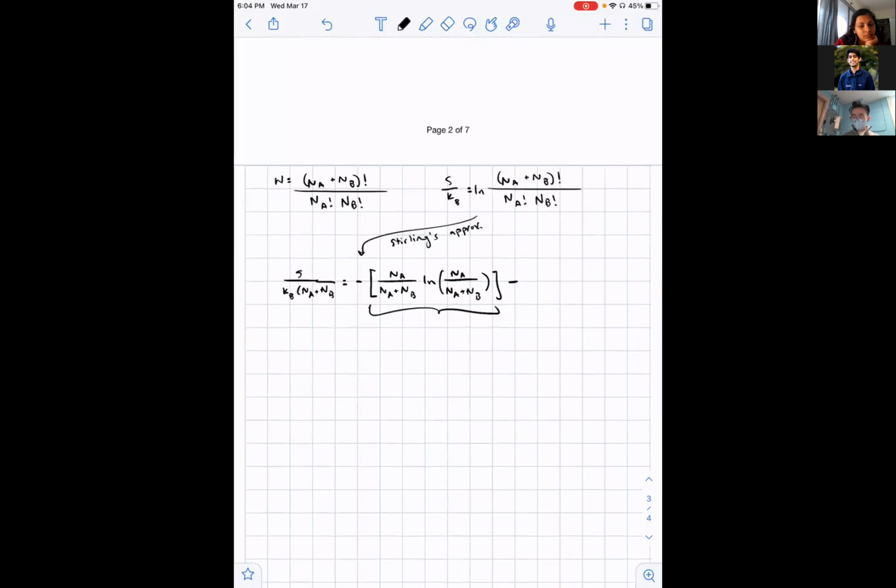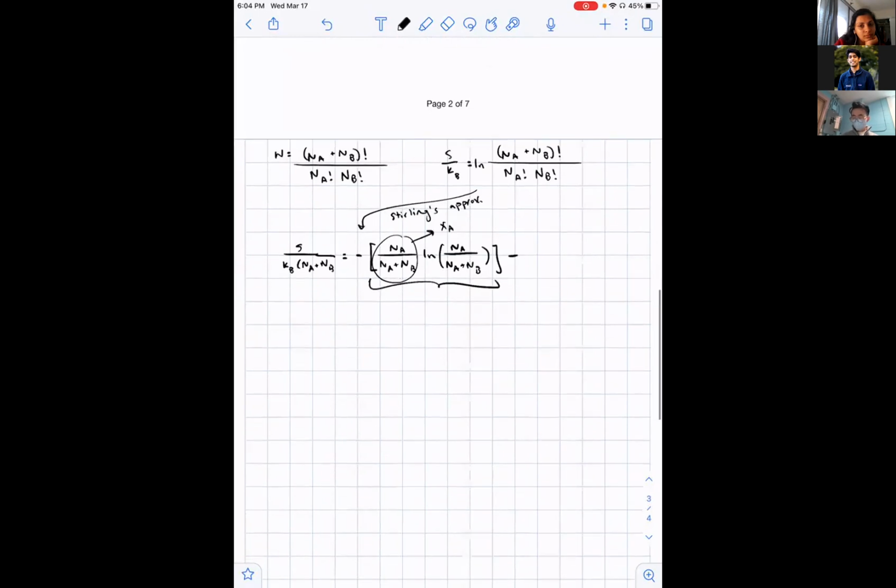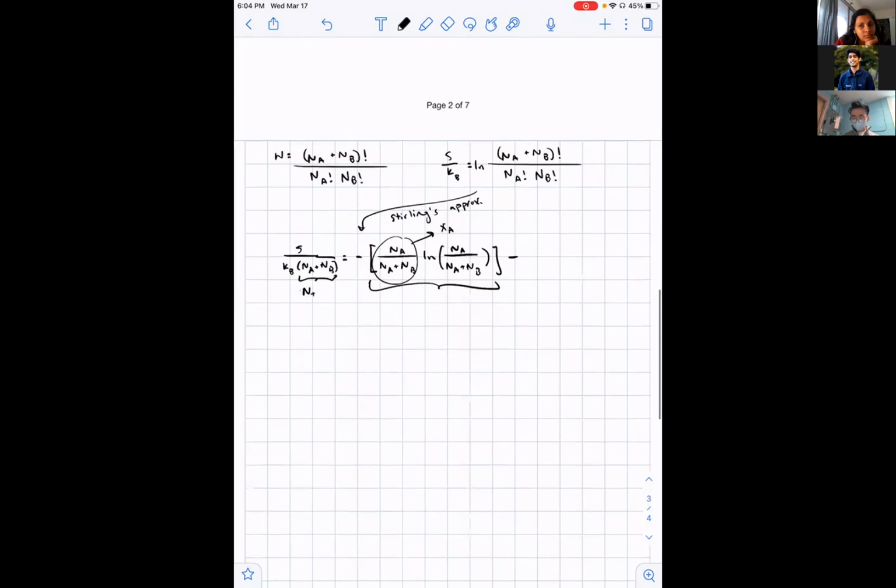Then you can rewrite this as x_A, and a similar term for x_B. The denominator right here, N_A plus N_B, is N total.